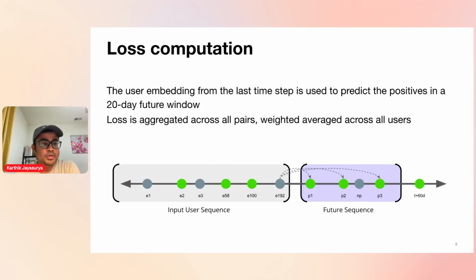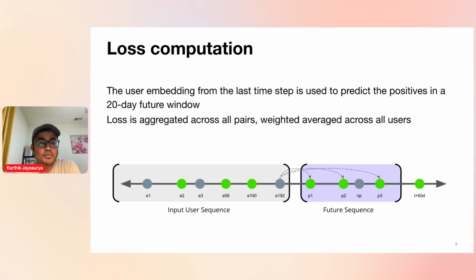And coming to the loss computation, essentially all action loss means that we take the most recent user embedding, the user embedding at the very last time step, and try to predict the positives in the next future window. So here you would see every arrow connects a user embedding to a positive event.